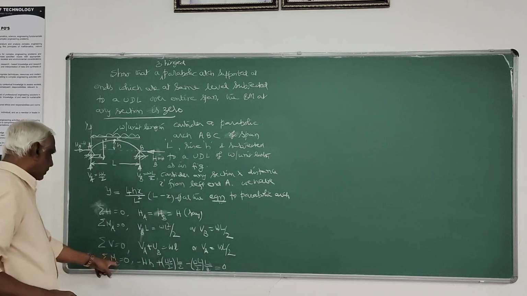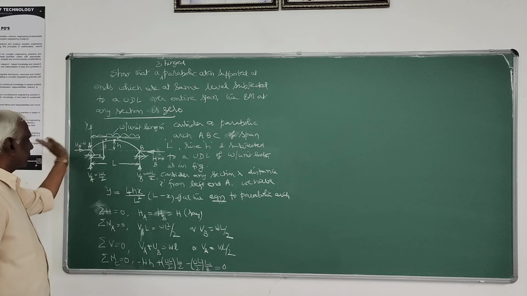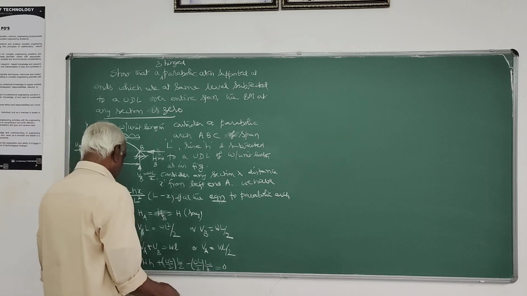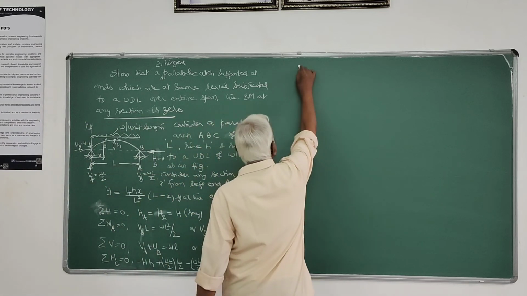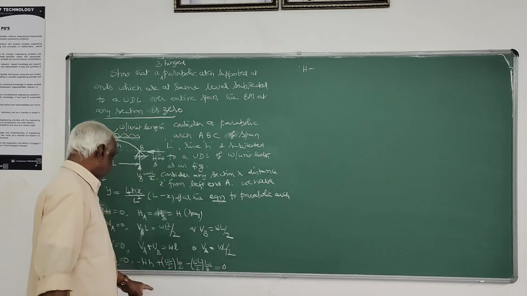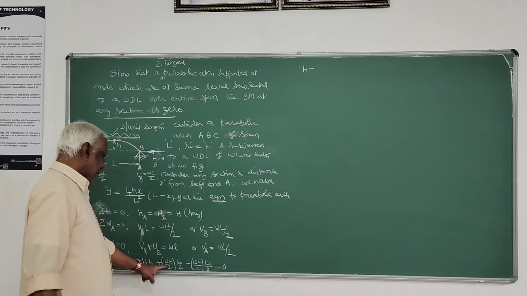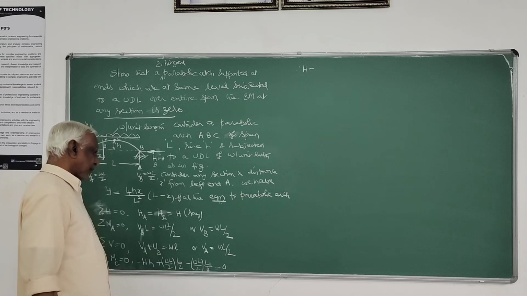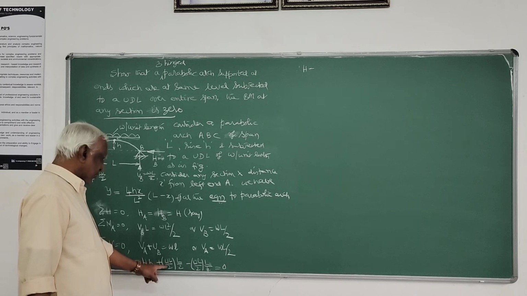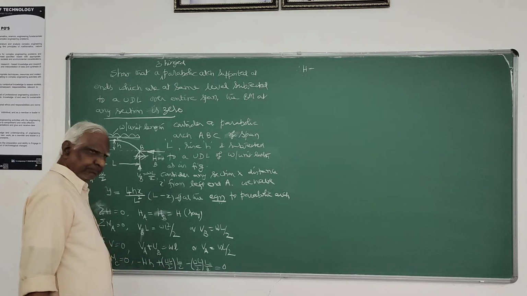That is the moment about point C taking the left side, or the right side also you will get it. Therefore, H into h is WL square by 4 minus WL square by 8, that is WL square by 8.